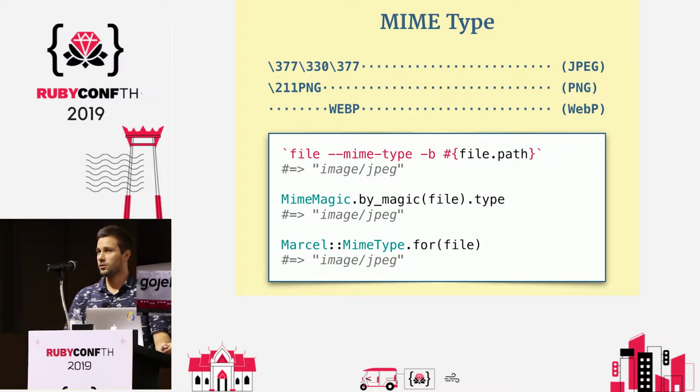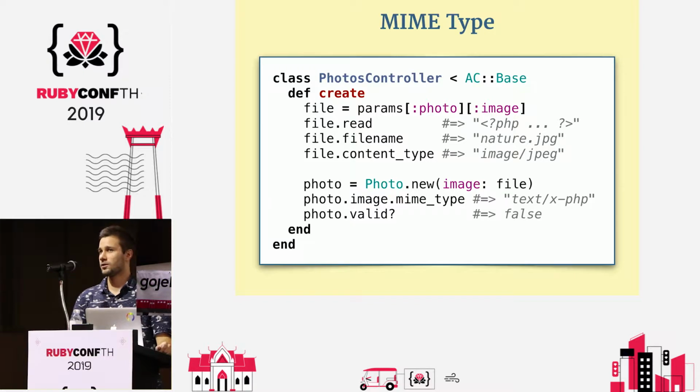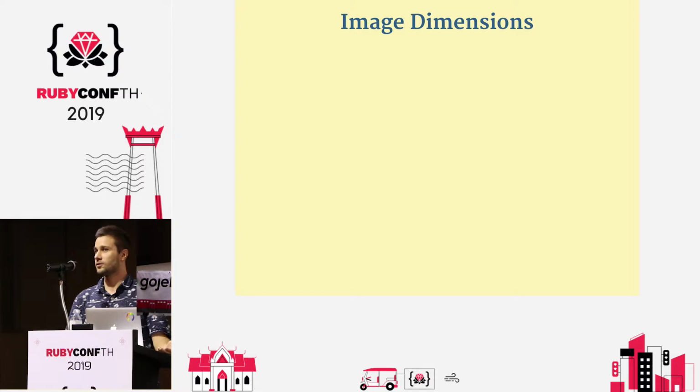The most popular tool for determining MIME type from file content on Unix is the file command. And also in Ruby, we have several libraries that do that. This way, if the user tries to upload a malicious file, but tries to disguise it as a file that your application will consider valid, then your file attachment solution would detect it if it determines the MIME type from file content.